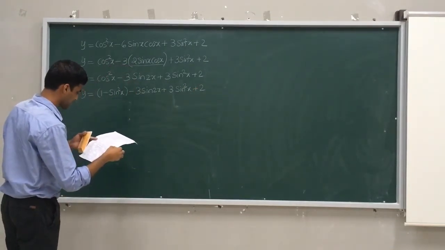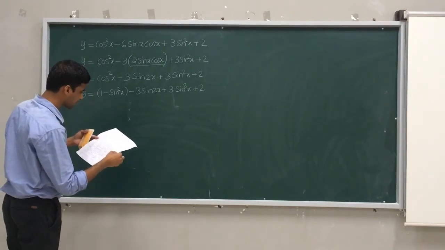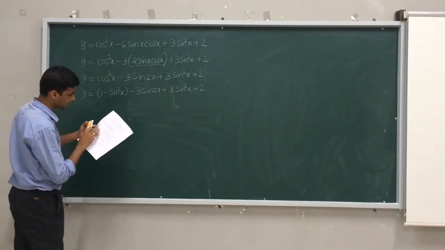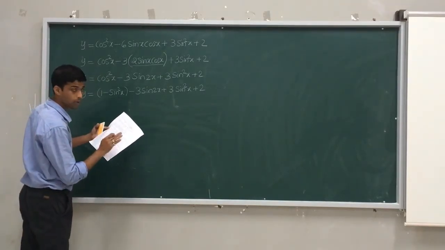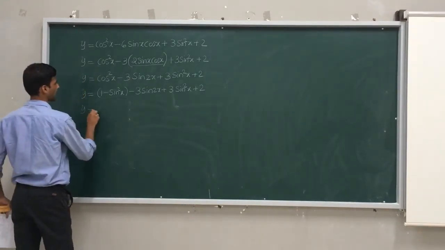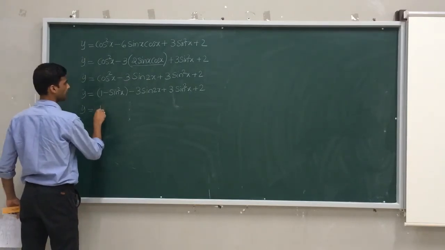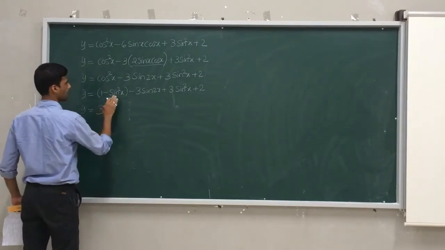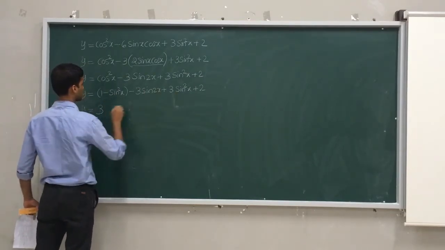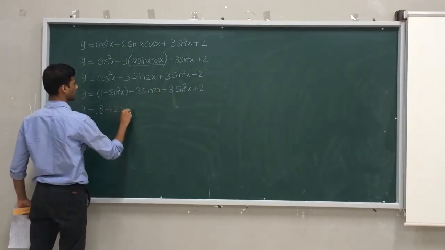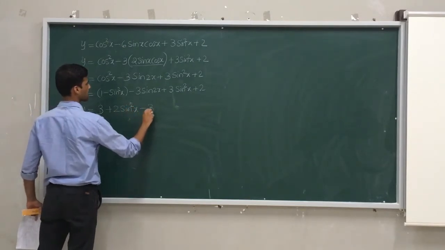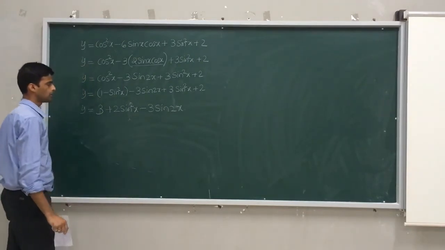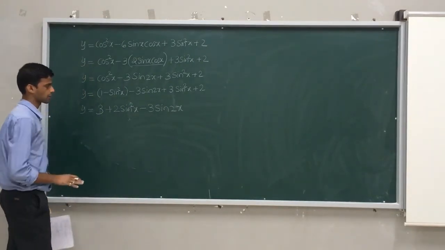We want the answer in terms of 4 minus root 10, something like that. So what if I write directly now, 1 plus 2, that is 3, minus sin square x plus 3 sin square x, it is 2 sin square x, minus 3 times sin 2x. Now again we got this particular expression.